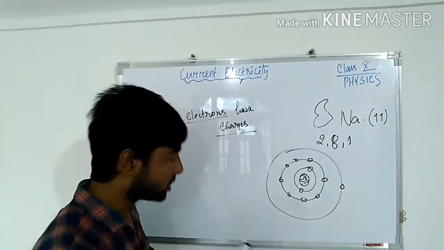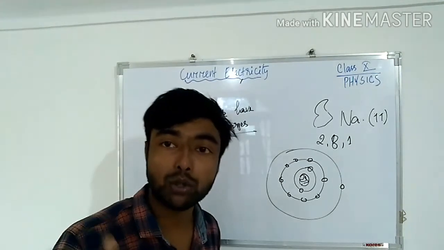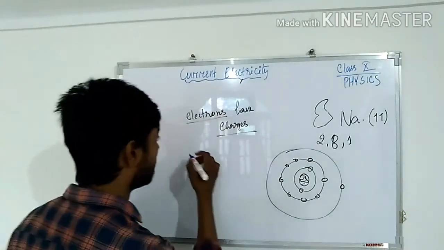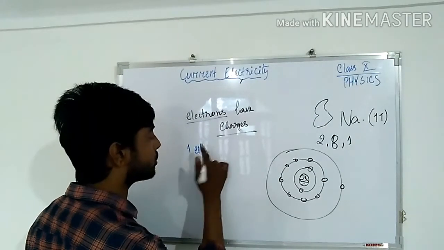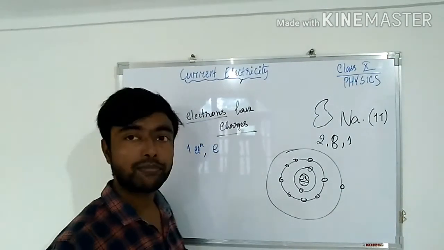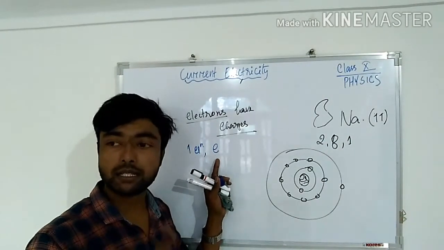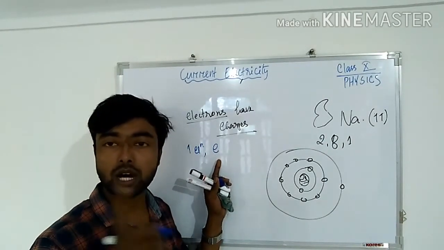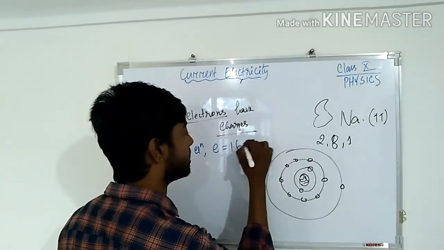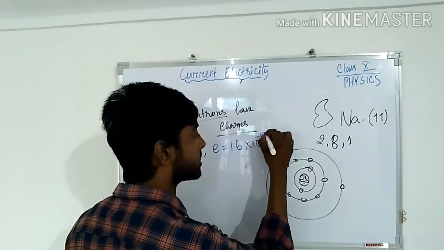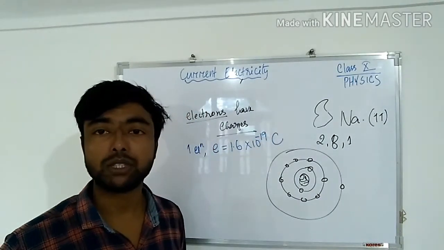So electrons have charges, and the amount of charge that one electron has, we write with a small letter e. If small e is written, you must understand this is the charge of 1 electron, and the value is 1.6 into 10 to the power minus 19 coulomb. As I told, coulomb is the SI unit of charge.